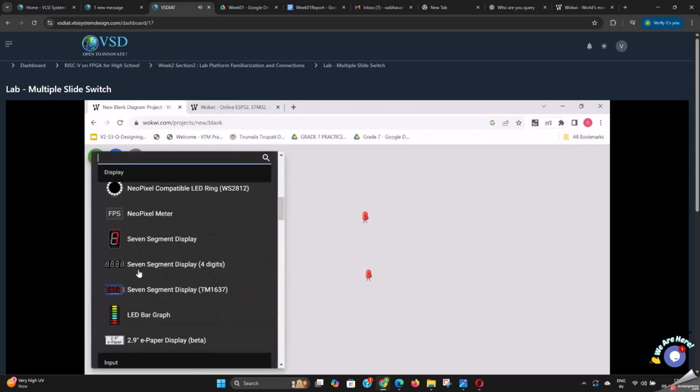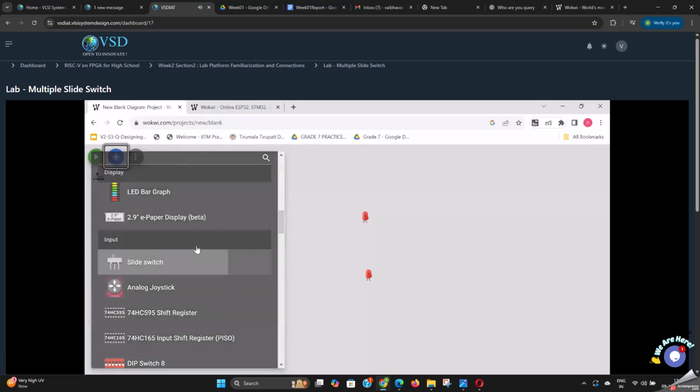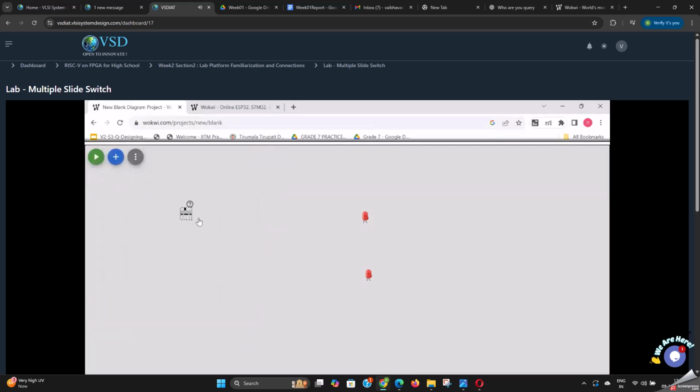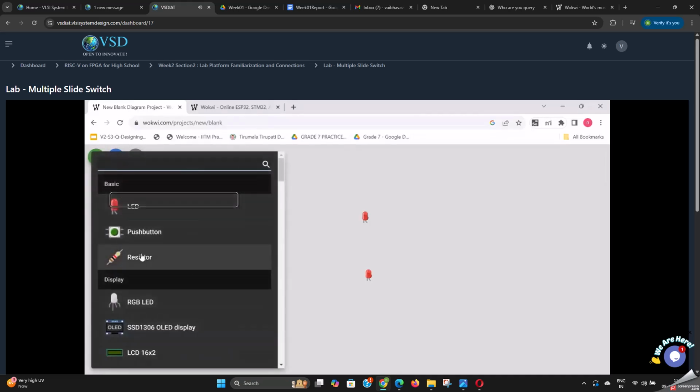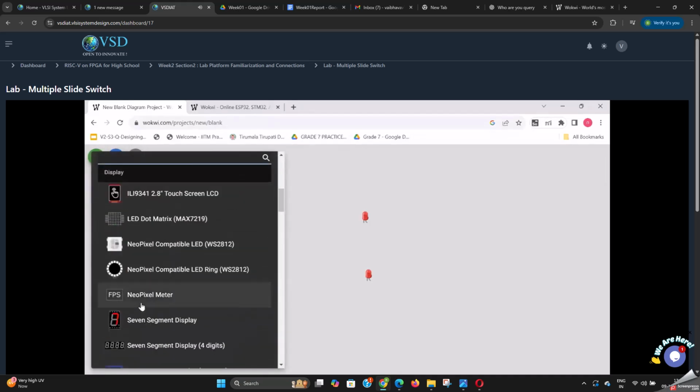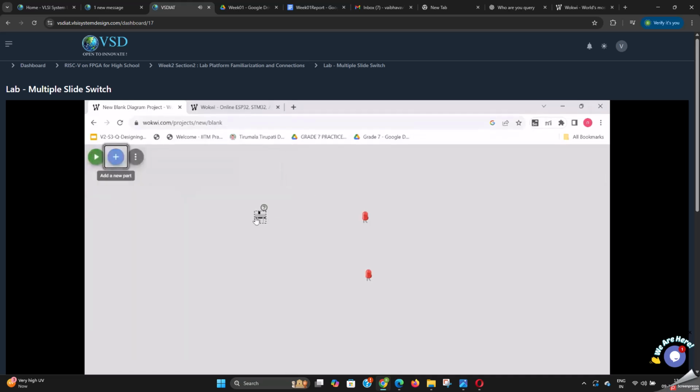And I'm going to pick two slide switches. So effectively after picking one slide switch we can insert another one that controls the control beyond this also. So this is the next slide switch.